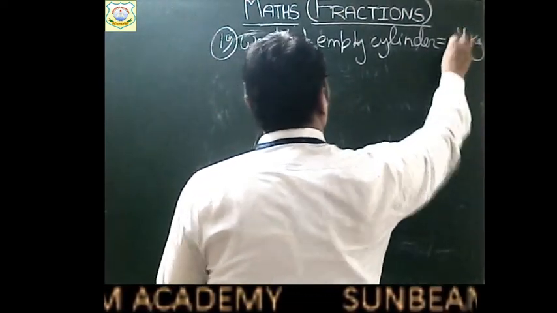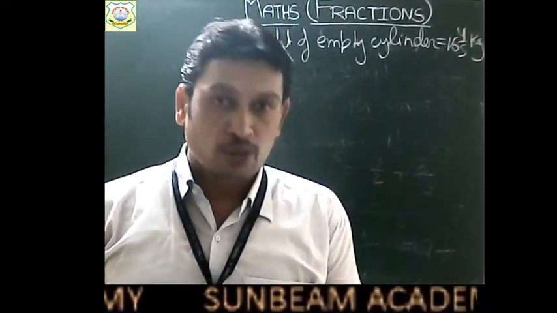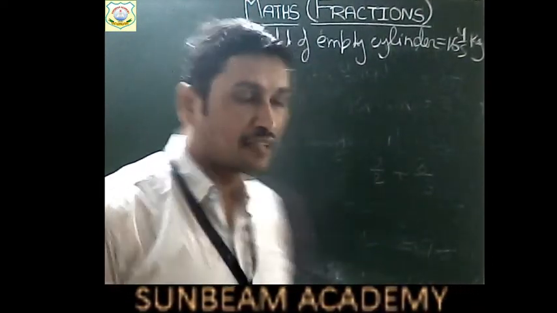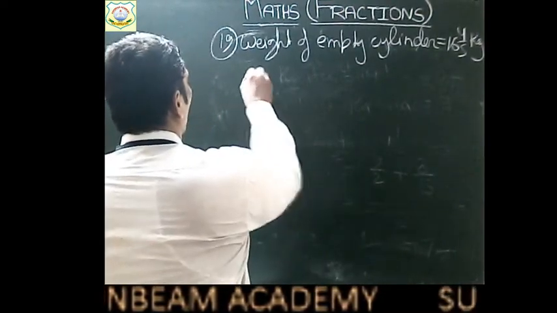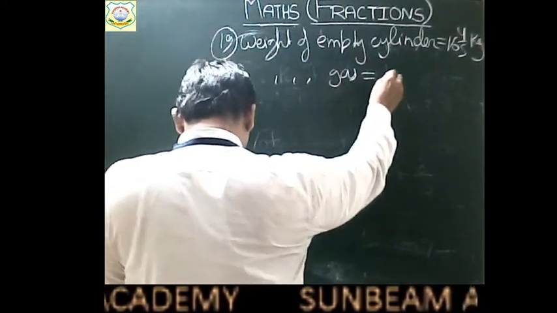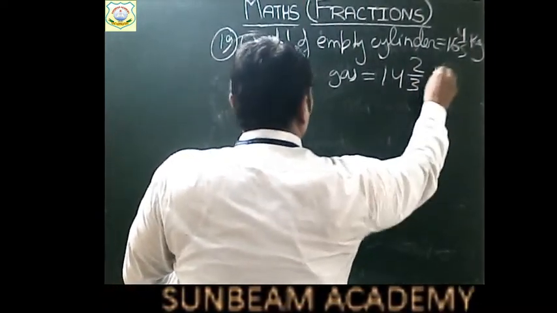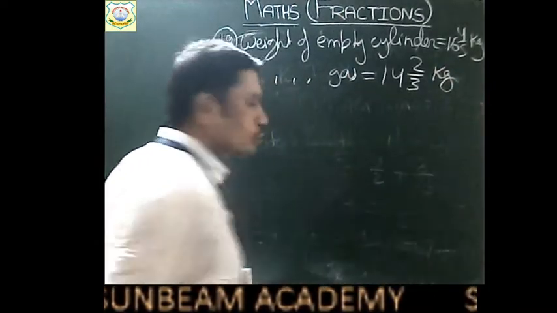Right? Now, it contains 14 whole 2 by 3 kg of gas. So, what is the weight of gas? It is how much, children? 14 whole 2 by 3 kg. All of you solve this question in your notebook, children.